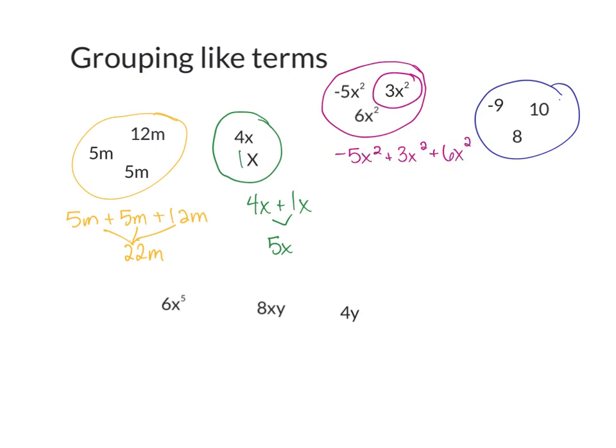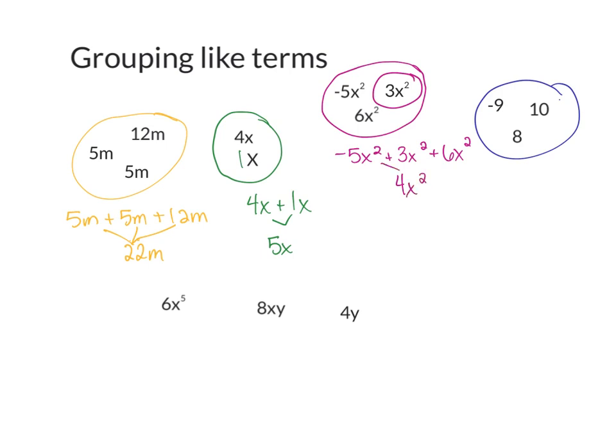So if I have -5 plus 3, that's going to give me -2, plus 6 is going to give me +4. And you can add in any order, so you can add the positives if you want. So you have 6 plus 3 gives you 9, minus 5 is going to give you a +4. And if these x squareds all represent just a box, then it's going to be 4 boxes. So 4x squared.